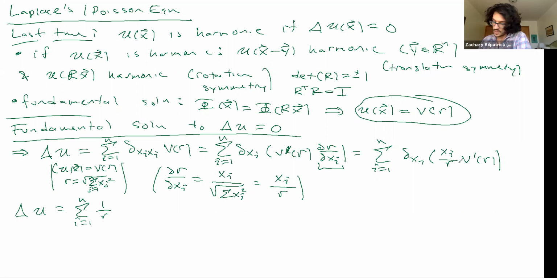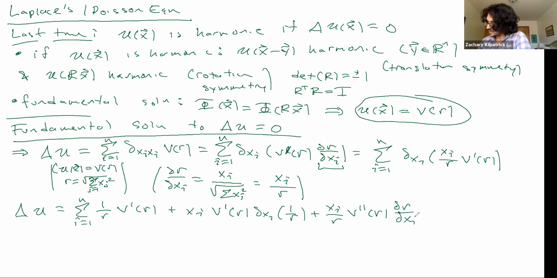So just sort of use the product rule twice on this, v prime of r plus xi v prime of r d/dxi of 1 over r. We'll compute that in a minute. Xi over r now v prime prime of r dr/dxi. Okay, so just a bit of multivariate differentiation.